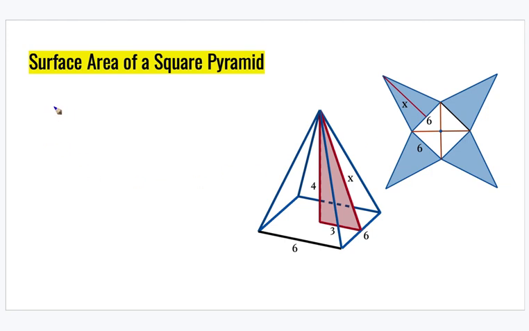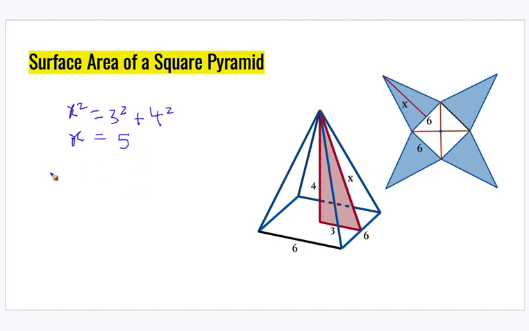So using Pythagoras theorem, we have x squared equals half of the base, which is 3 square, plus the height of the pyramid, 4 square. And x works out to be 5.